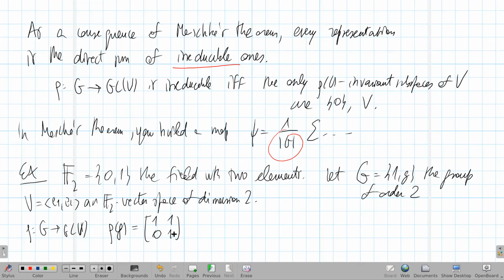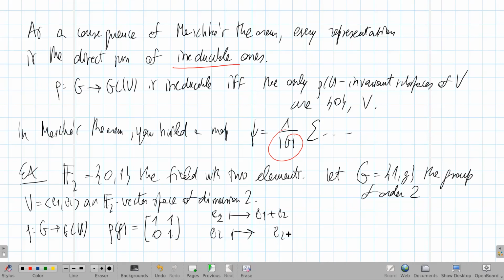So essentially what it does, remember, my vectors are row vectors. So here we have that rho of G sends E2 to E1 plus E2. This is what is written here. The first line is the image of E1, and this is 1 times E1 plus 0 times E2, and it sends E2 to E2, okay?